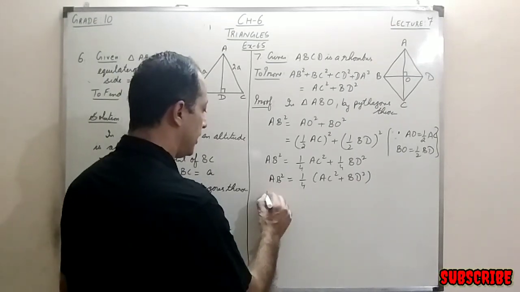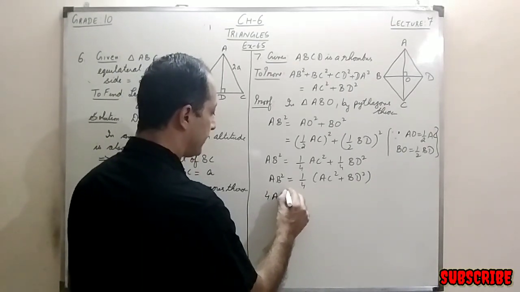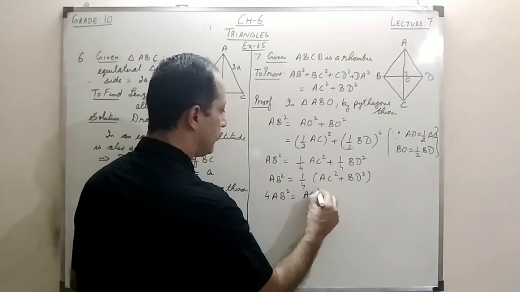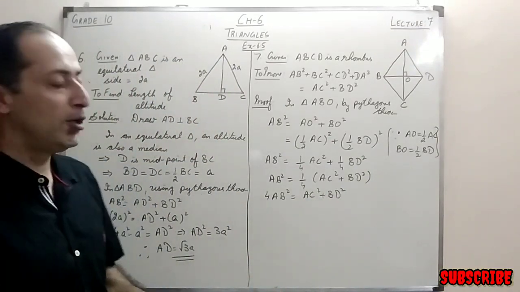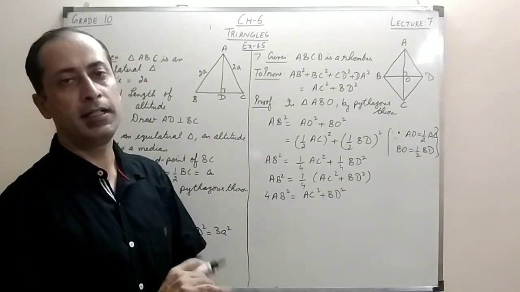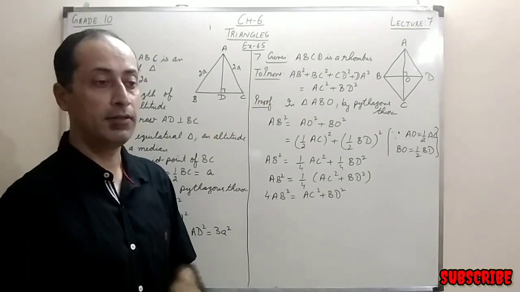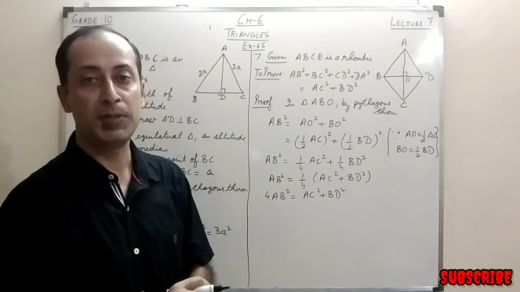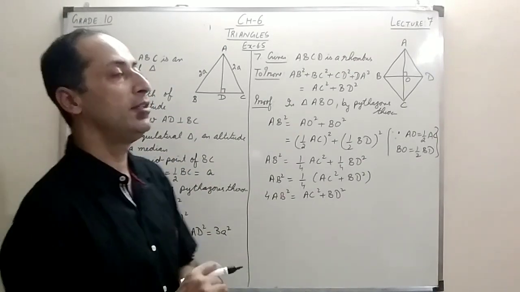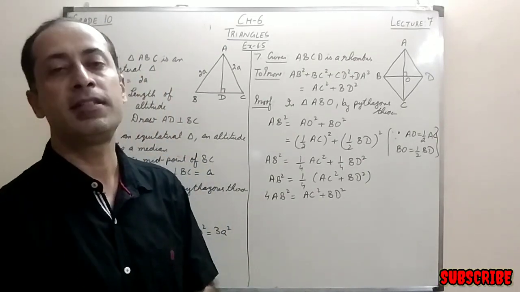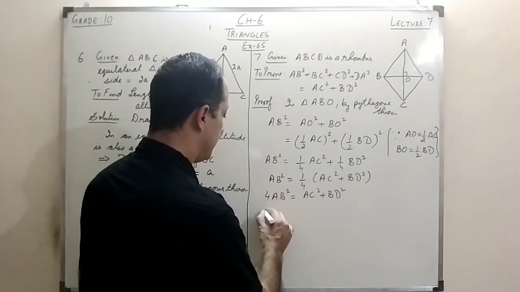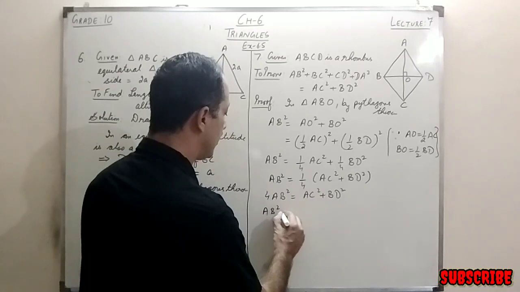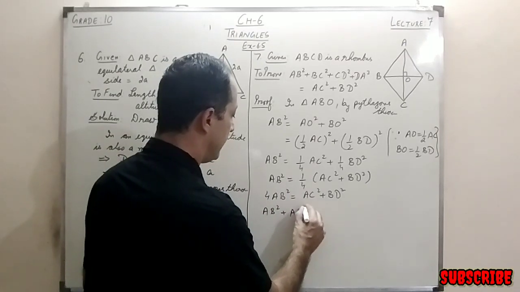So this is 4 AB square is equal to AC square plus BD square. In the beginning I told you this can also be written as 4 into AB square, any side, it can be 4 into BC or 4 into CD, because all the sides of a rhombus are equal. So now I can just break this 4 AB square into something like this.